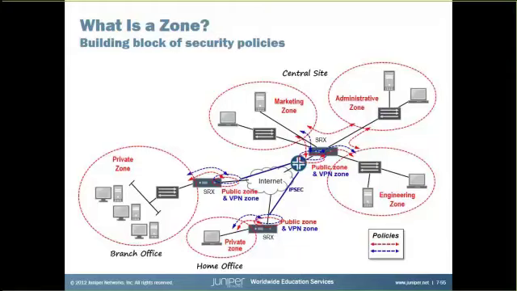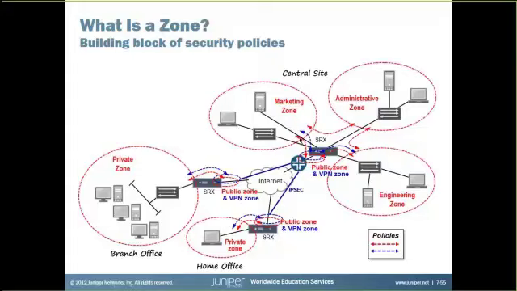Notice that in the marketing zone, I have two interfaces that are part of that same zone. So even for traffic between these two interfaces, I would need to write a security policy to make that traffic work.